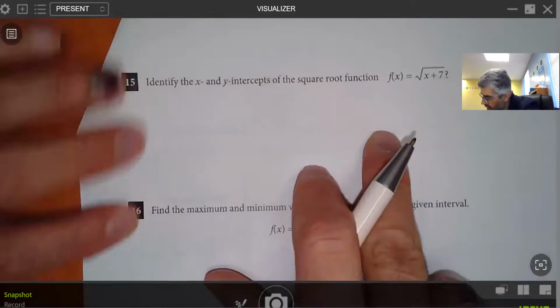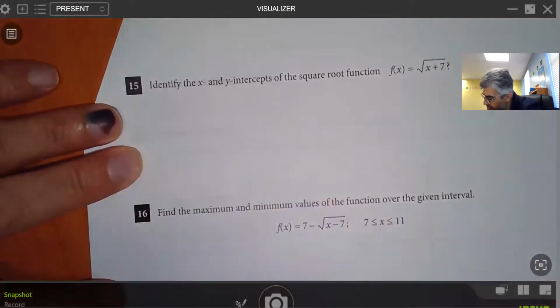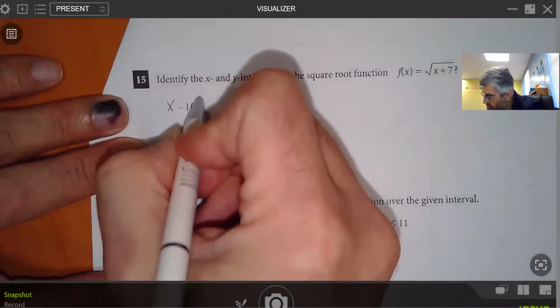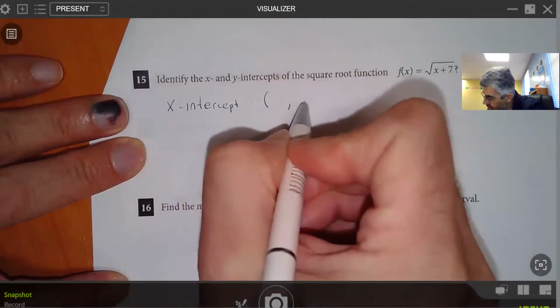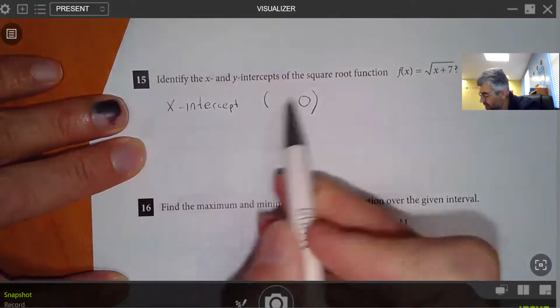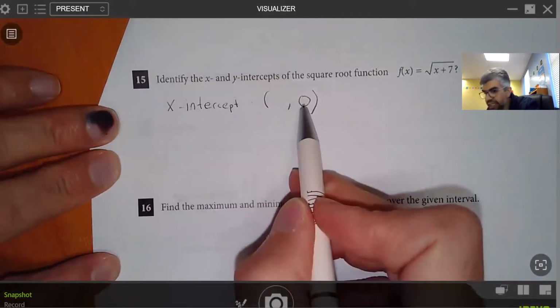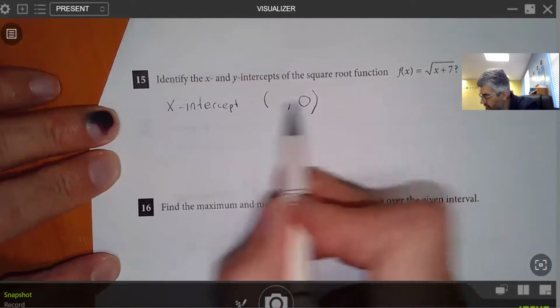Let's see it here. What we know about x and y intercepts: when we are talking about the x-intercept, that is something, 0, because we find it for the 0 value of y. Okay, so we have to write this one.